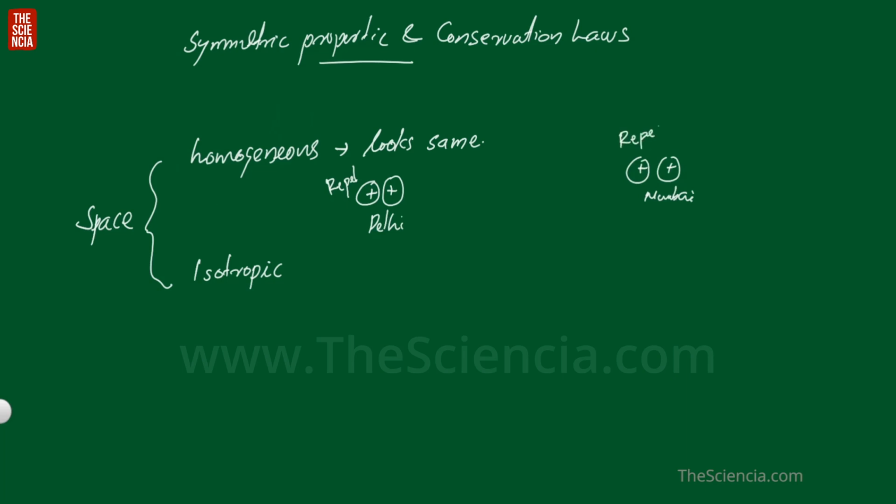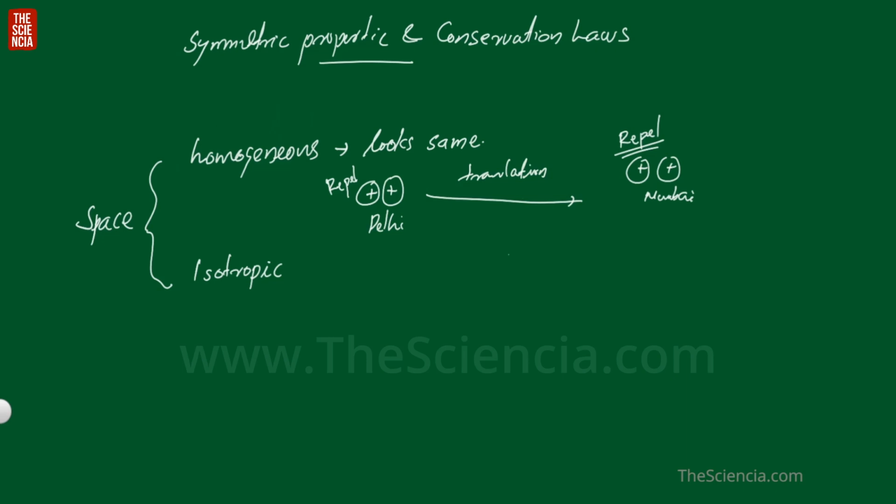It will not attract. By doing this space translation, the law of physics will not change. So if I do this experiment in Delhi, it will repel, and if I do the same experiment in Mumbai, it will repel. That is, physics never changes under translation. That is the idea of this one.